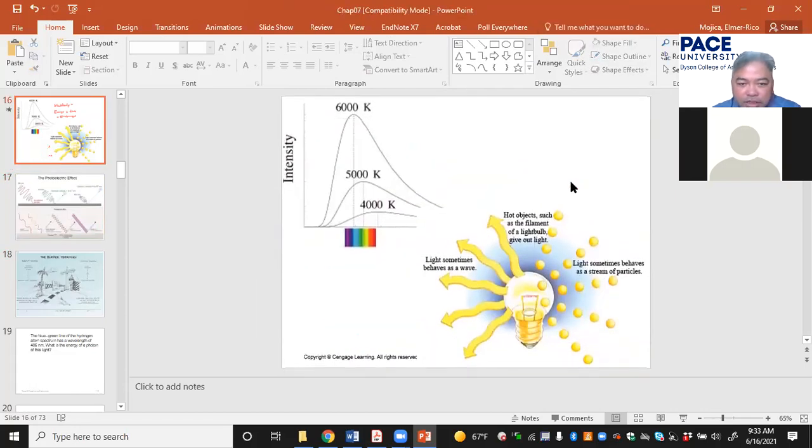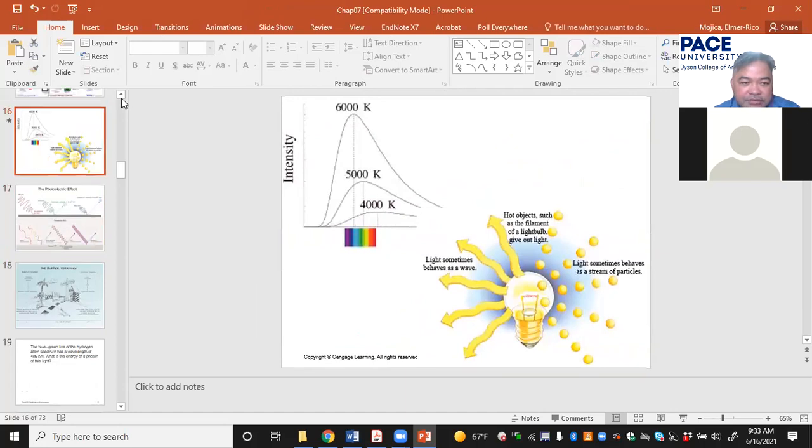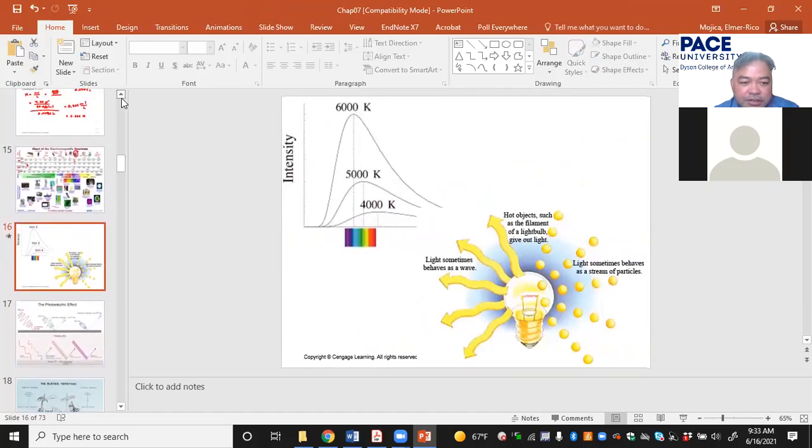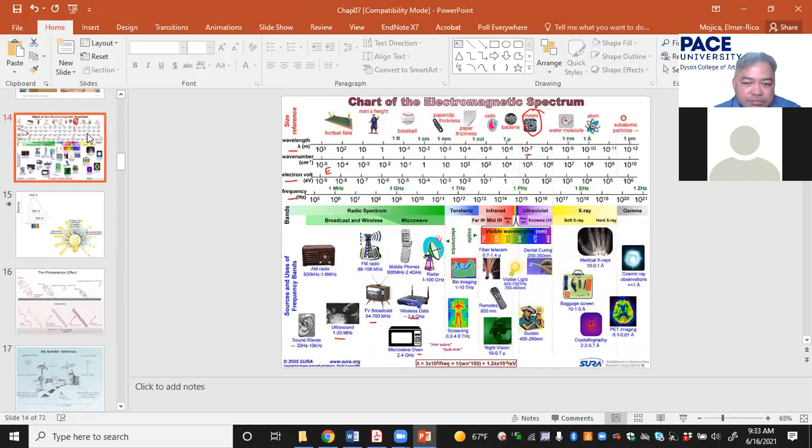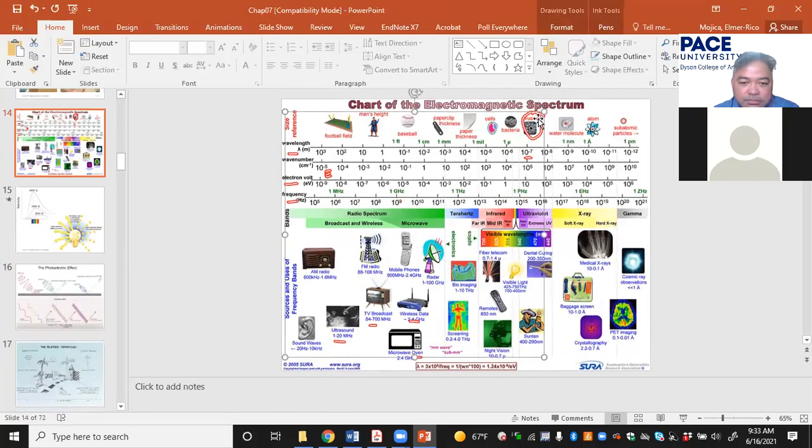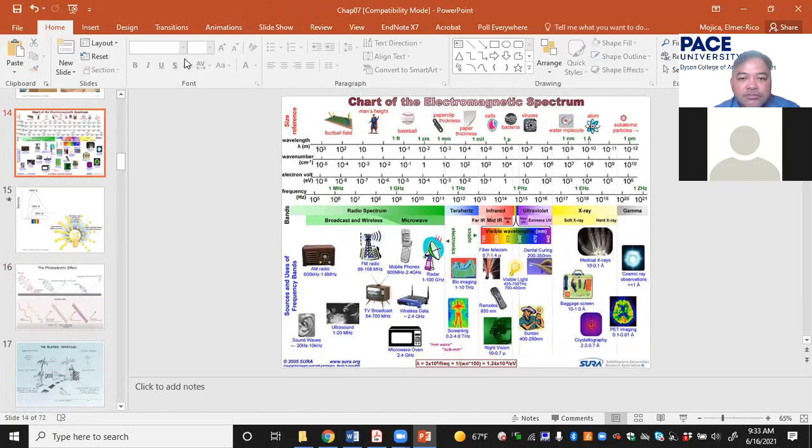So what you're seeing here is how they end up with what we call the dual nature of matter.